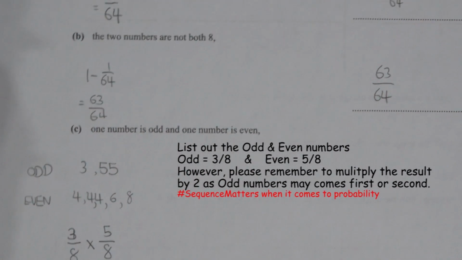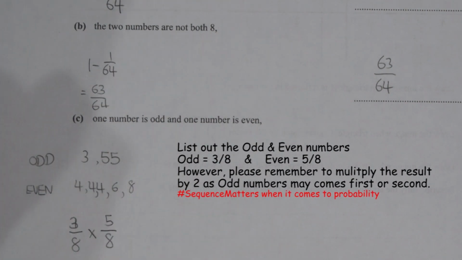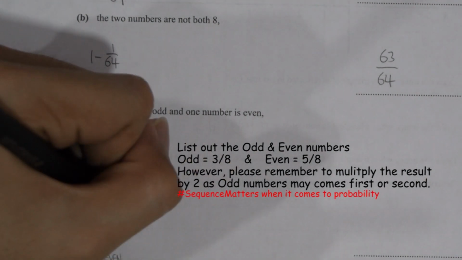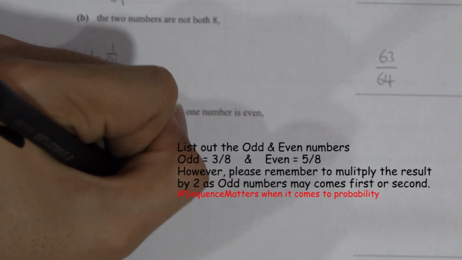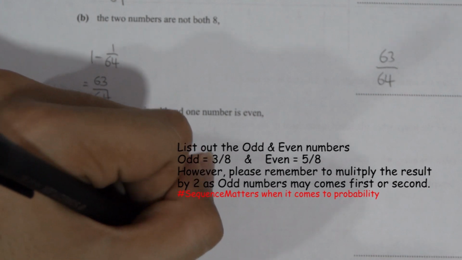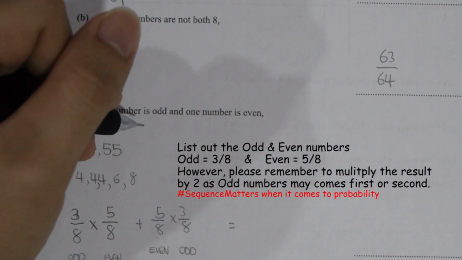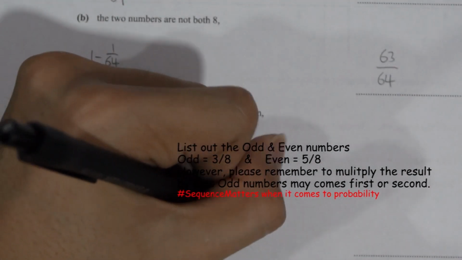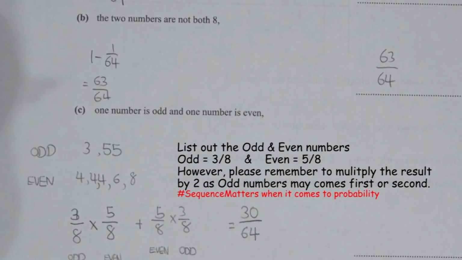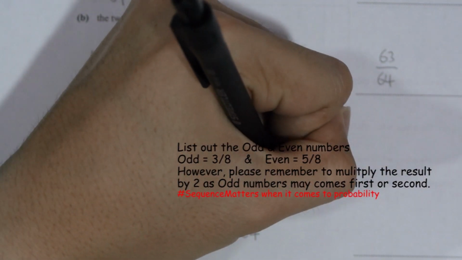For probability cases, the sequence does matter. If they didn't mention that the first is an odd number and the following is an even number, then you need to multiply everything by 2, which means odd may come first, followed by even, or even come first, followed by odd. So the final answer is 15 over 32.